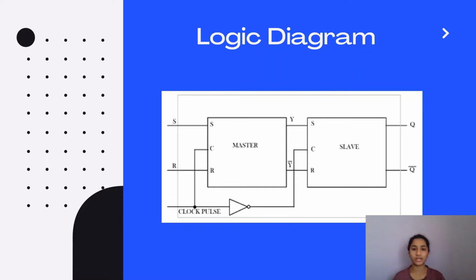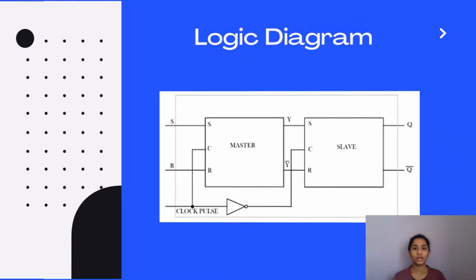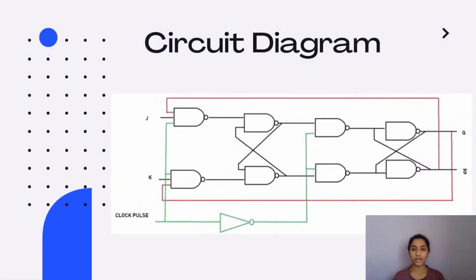Okay, so this is the logic diagram of the SR master-slave as shown in the figure. And this is the circuit diagram. The previous slide showed the block diagram, and this is what is present inside the block. We have represented it using only NAND gates.